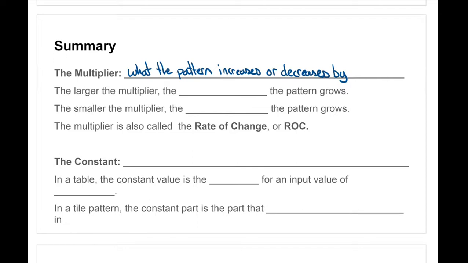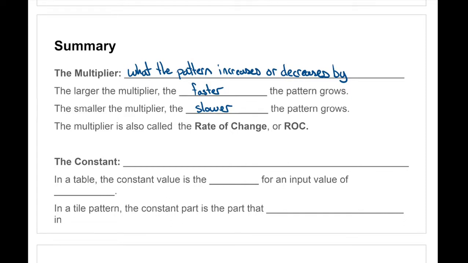So even though we were adding on a certain number of tiles in our rule, that's what we were multiplying by. And if you think about it, the larger the multiplier, the faster the pattern grows. The smaller the multiplier, the slower the pattern grows. You can think of it as, well, if it's a large multiplier, we're adding more tiles.